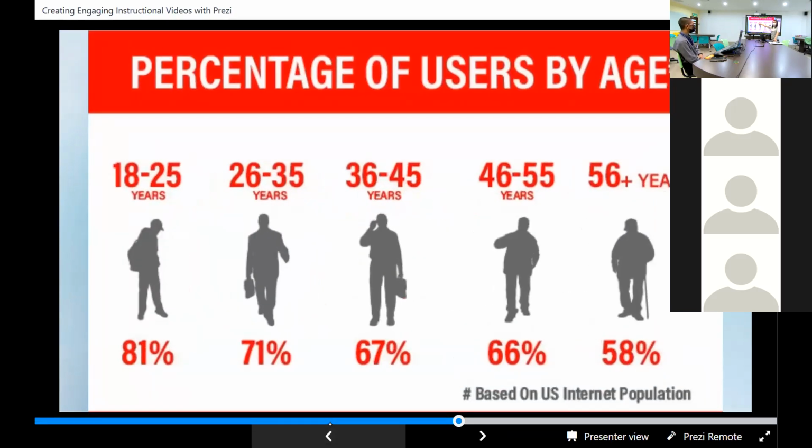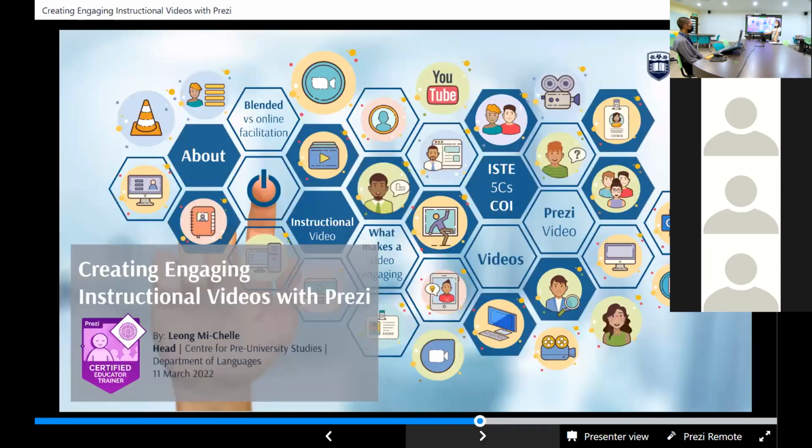Our students. This is our students' age, right? But of course, if you look across the board, the percentage is actually not low, it's pretty high. So that tells you that YouTube videos really is one of the most powerful ones in the world where people are getting content and information from. So videos are really very powerful.